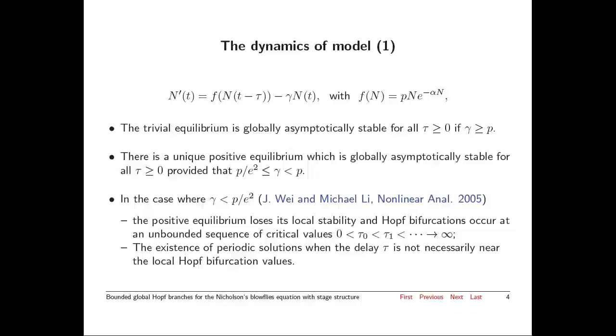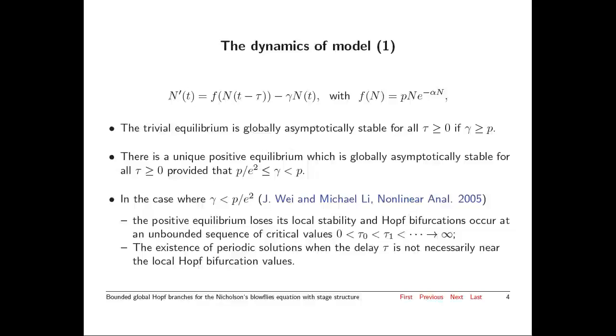In the last case, if gamma is less than the critical value p over e squared, the dynamic behavior will be more complicated. Professor Junji Wei and Professor Michael Lee investigated this case in 2005, and they found that in this case the delay can destabilize the positive equilibrium.